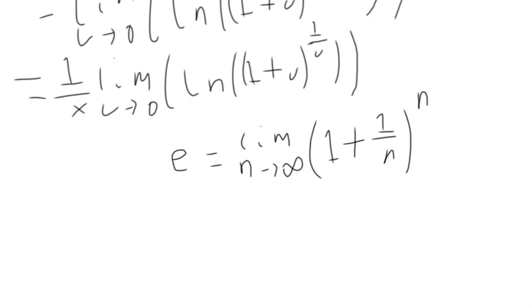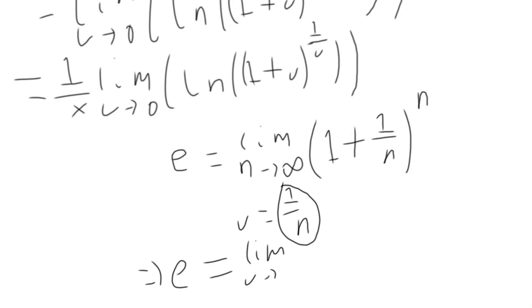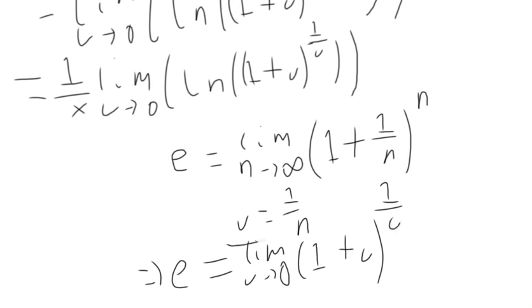I'm going to say that u equals 1 over n. I'm going to rewrite this limit in terms of u. So we know that e is equal to the limit as u goes to what? Well, u is 1 over n, and as n is going to infinity, 1 over n is going to 0. 1 plus 1 over n is my 1 plus u, to the n. n is just 1 over u. You do the reciprocal on both sides right here.